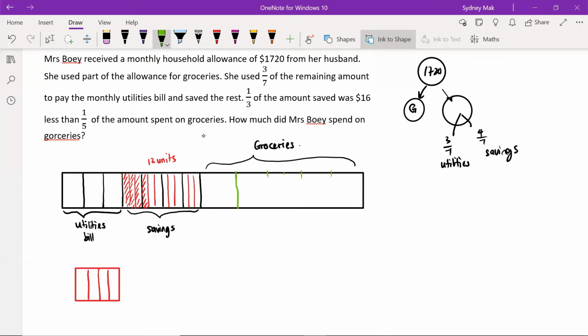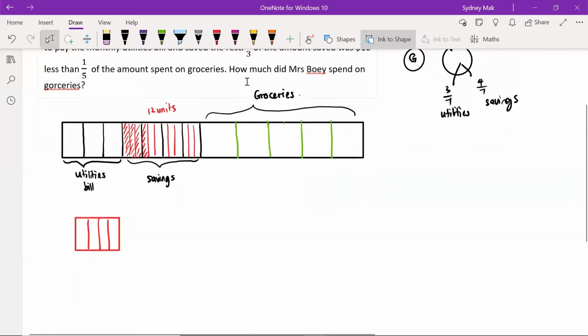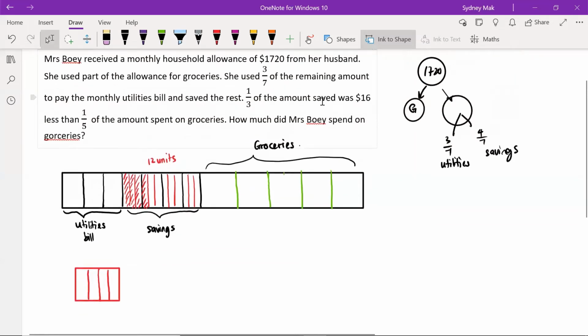Divide this part into 5 equal sizes and let's take this portion. Now, it's not in proportion, but I just want to show that 1/3 of the savings, which is 4 units here, is less than 1/5 of the amount spent on the groceries.